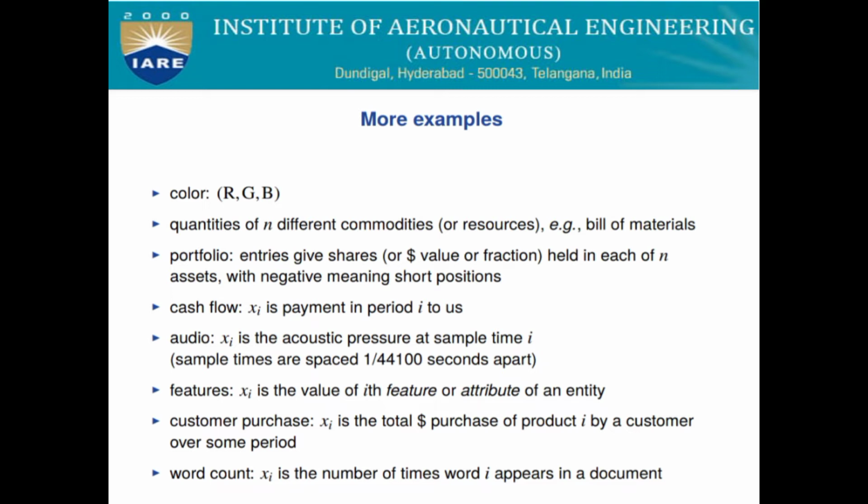Audio: x_i is the acoustic pressure at sample time i, with sample times spaced 1/44100 seconds apart. Features: x_i is the value of the ith feature or attribute of an entity. Customer purchase: x_i is the total purchase of product i by a customer over some period.